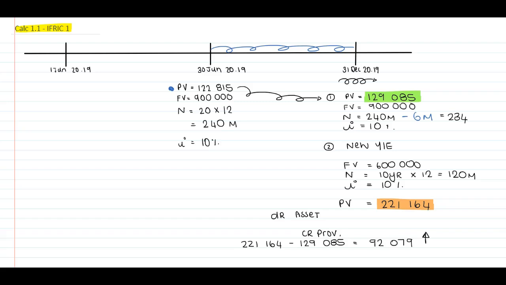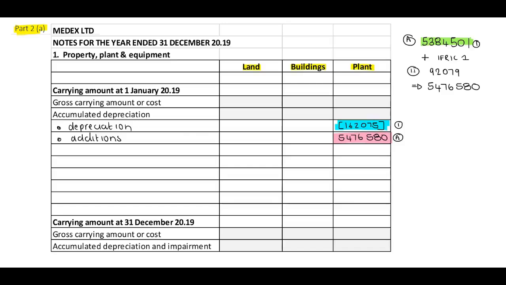Therefore, we can transfer this to our PPE note. Therefore, when you look at my PPE note, on the right side, I've transferred my amount 92,079. I have a total of 5,476,580, and I've included this as an addition.